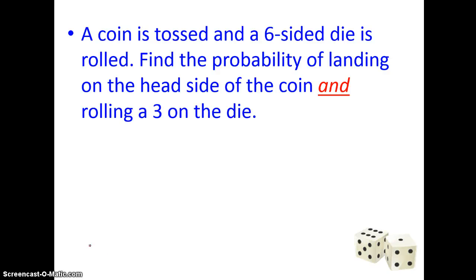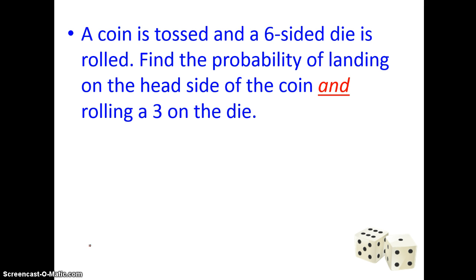So we're going to continue the notes that we started yesterday on independent compound probability. Remember, events are compound events if two things are happening simultaneously, or if you are using replacement, if it's a probability situation where you're pulling something out of a bag.